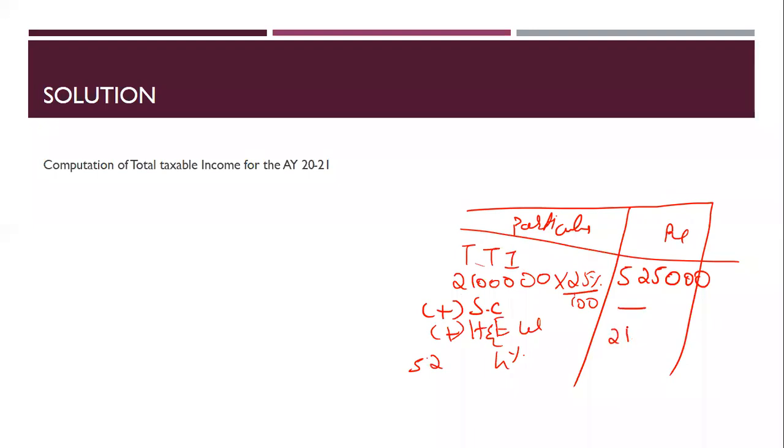Yes, ma'am. So we got health and education cess 4% on 5 lakh 25,000. It is 21,000. So now you calculate the normal tax liability by totaling it.